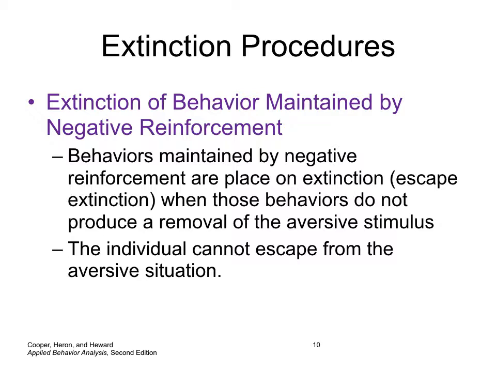So now we know that the task evokes the highest rates of problem behavior, so the teacher can provide instructional prompts during the task, and when the student emits problem behaviors following the instructional prompts, the teacher can physically guide him to task completion. So escape extinction can produce a significant reduction in problem behaviors during the task.